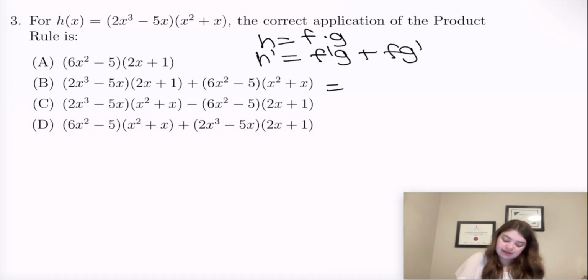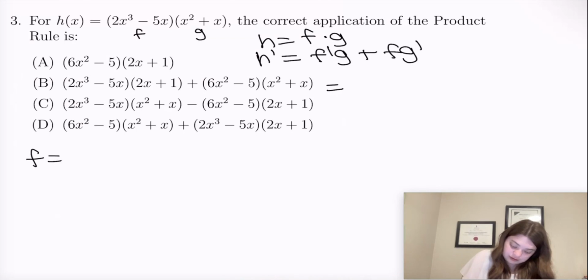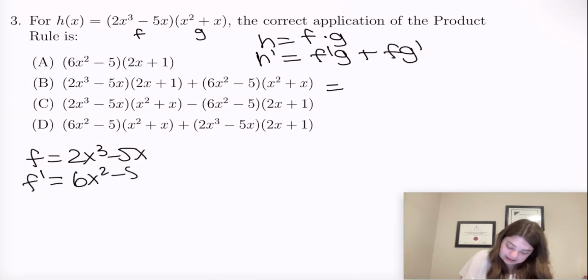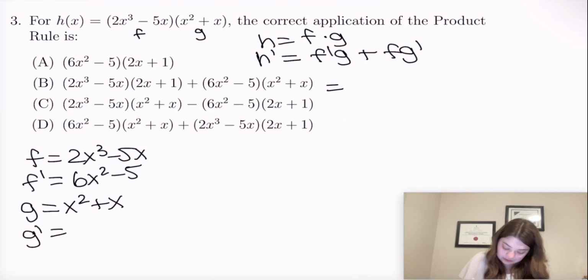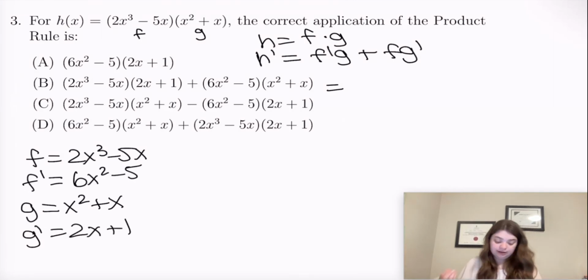Okay, so in this case, I'll define f here and g here. So f is equal to 2x cubed minus 5x. That makes its derivative 6x squared minus 5 if we use the power rule. Then for g, we have x squared plus x. And then for g prime, we have 2x plus 1 by using our power rule. Okay, now I'll plug in those values.